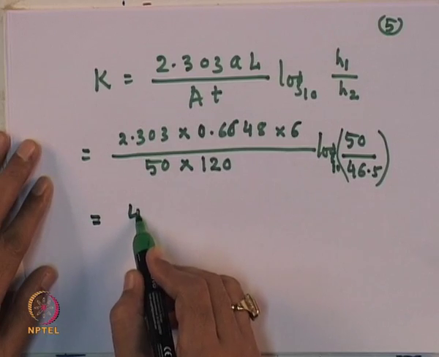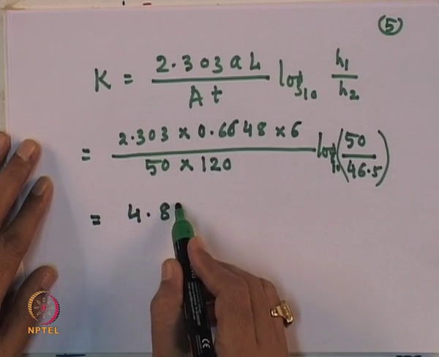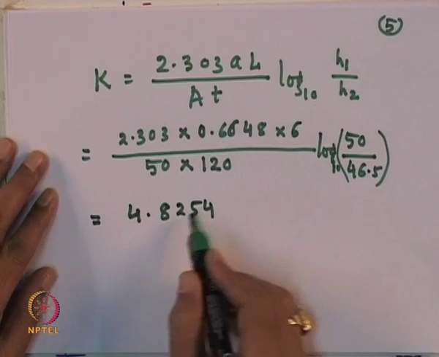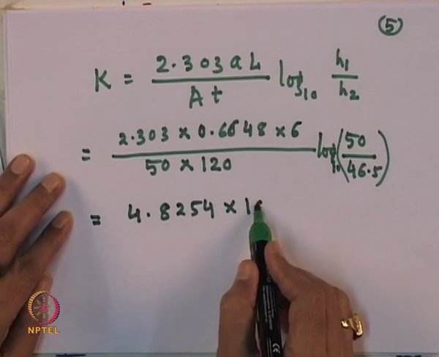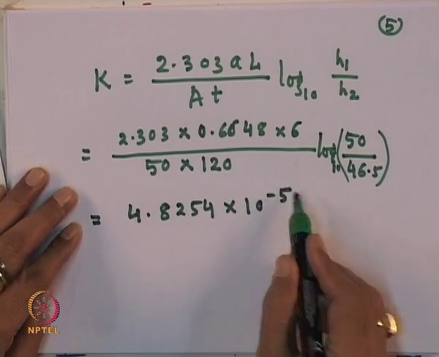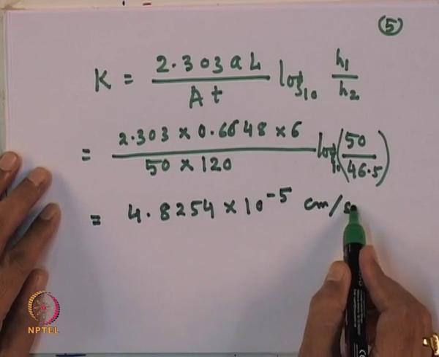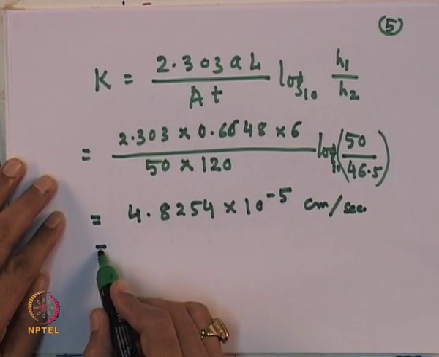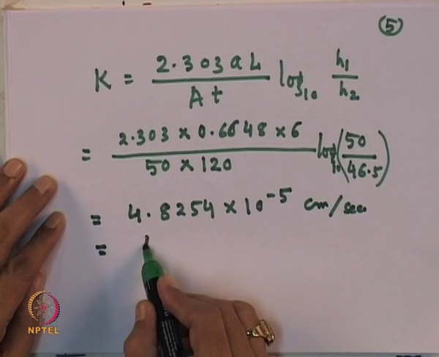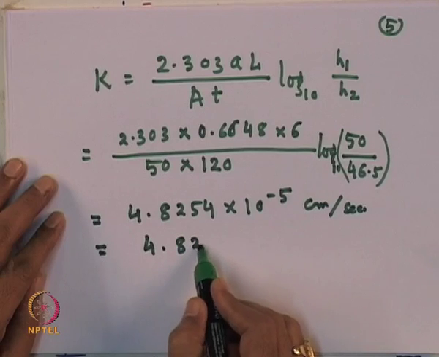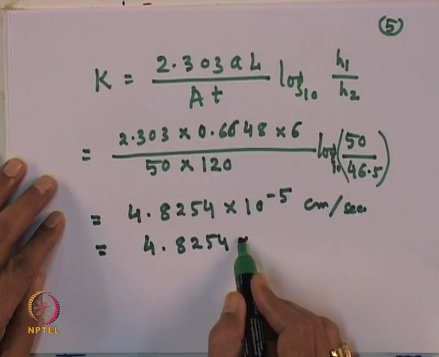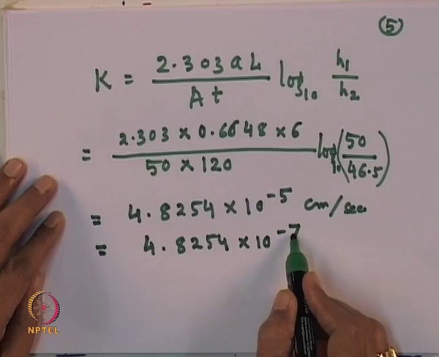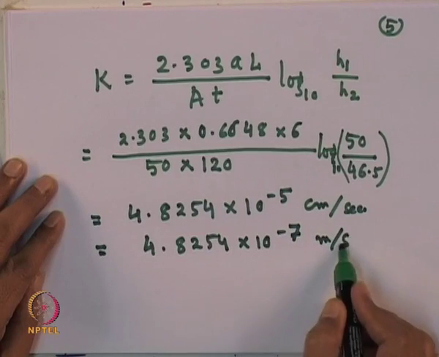Let us say 4.8254 into 10 to the power minus 5 centimeter per second, and that means you can write down 4.8254 into 10 to the power minus 7 meter per second.